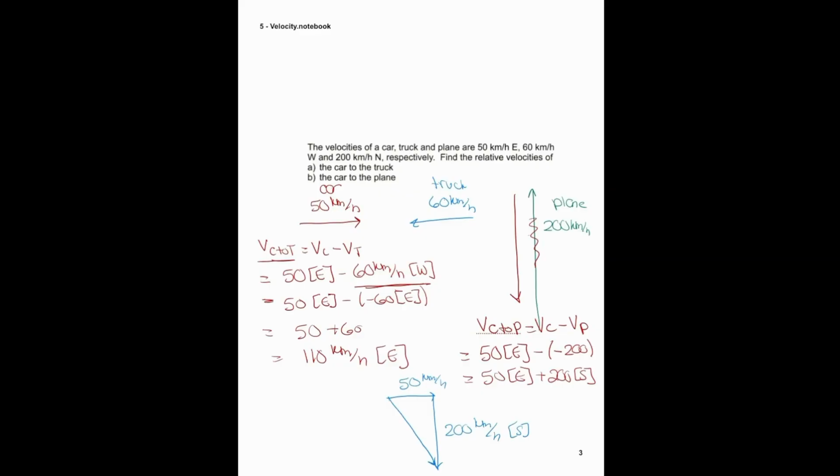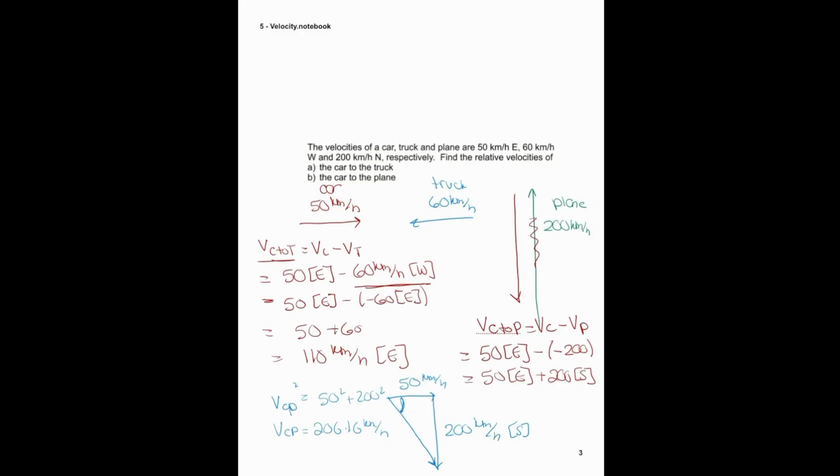Pythagorean theorem to get my magnitude. So velocity of the car relative to the plane squared is going to be equal to 50 squared plus 200 squared. So my velocity of my car relative to the plane is going to be 206.16 kilometers per hour.